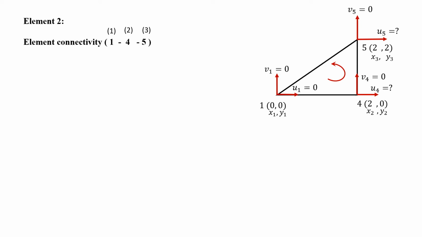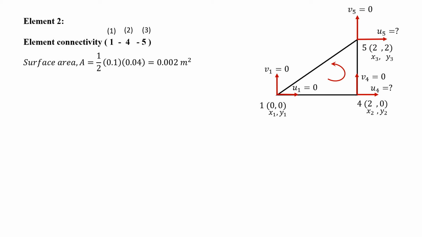Next, similarly, we have to calculate the surface area of element 2 using the same method, which is half times base times the height of the triangle. In element 2, the surface area is equal to 0.002 meters squared. Next, we have to determine the K matrix.